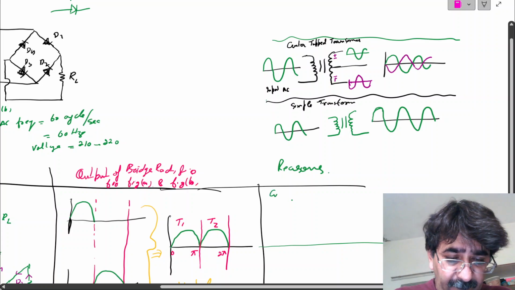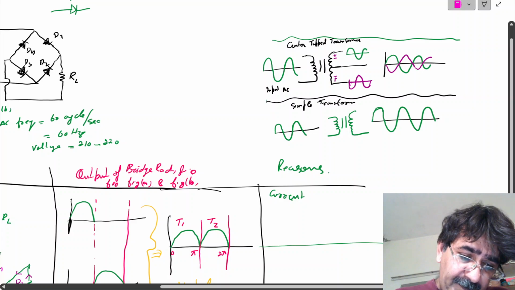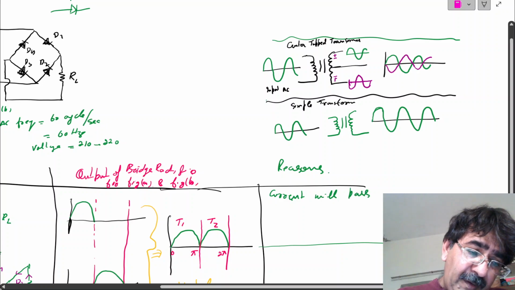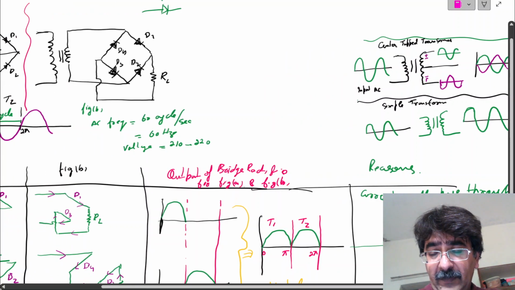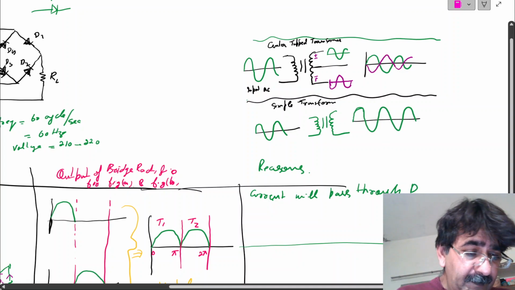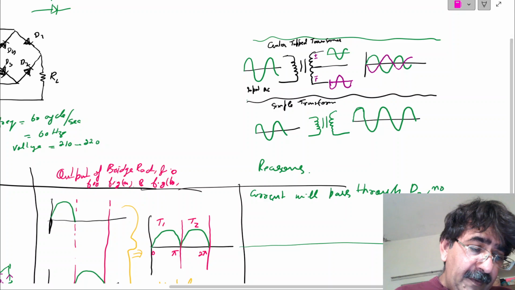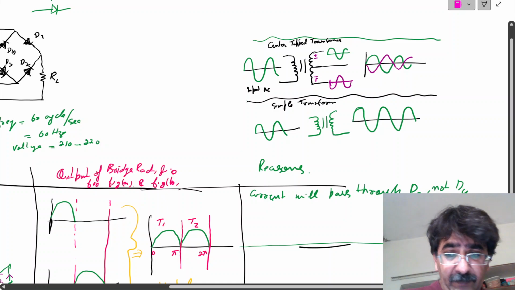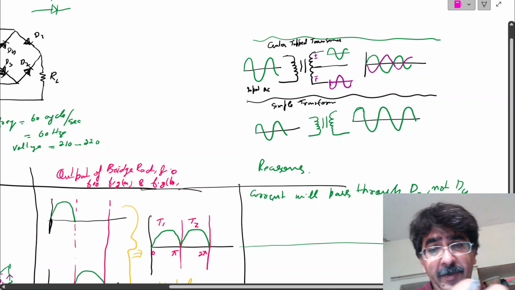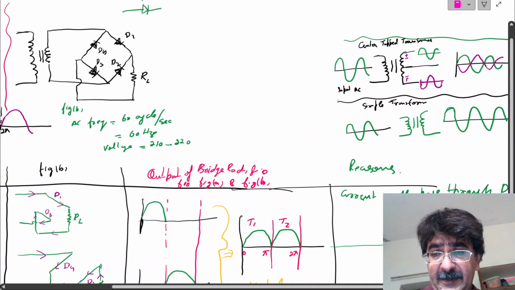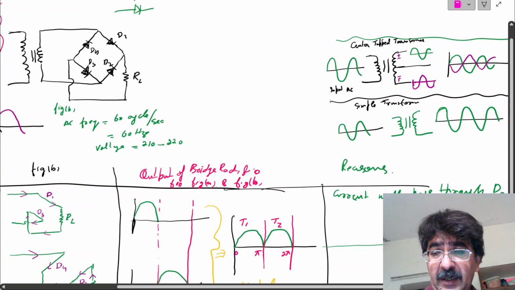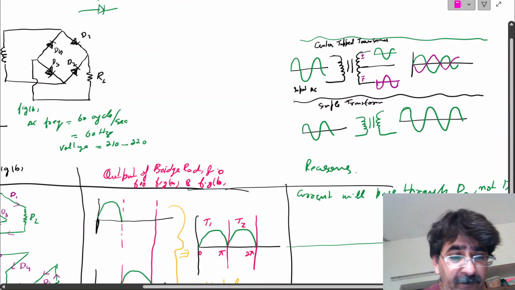Current will pass through D1 and D3, not D4. Firstly, I will explain why the current will pass through D3, not D4.